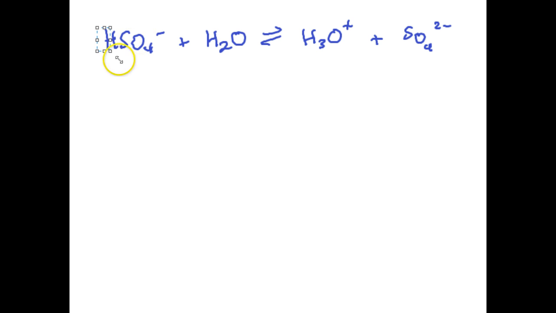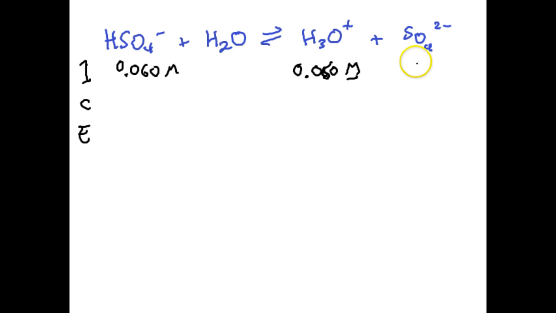And now, because this is a weak acid, I'm going to use the ICE chart. So this is 0.060 molar, and this was also 0.060 molar, which is why the pH right now is 1.22. And this is nothing.